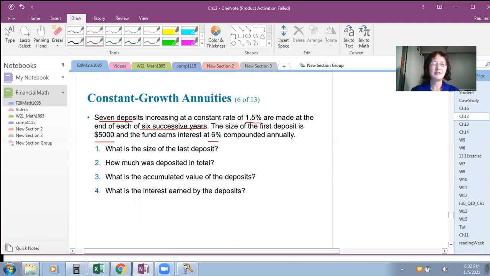You have 7 deposits. This 1.5% is the constant growth rate K. The size of the first deposit is 5,000. This is PMT, the first deposit. And interest is earned at 6%. So question 1, what is the size of the last payment?